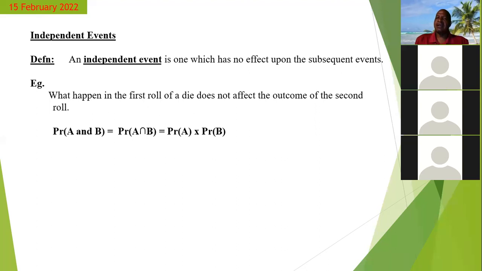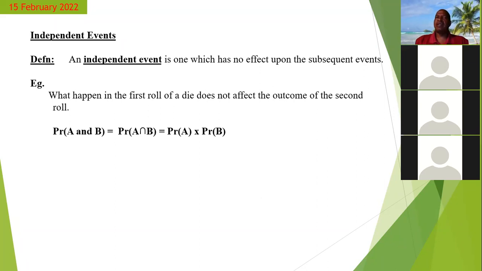So once whatever was taken out of the bag or out of a sample is replaced, then the event is independent. So if we do a draw and replace, then we have an independent event.